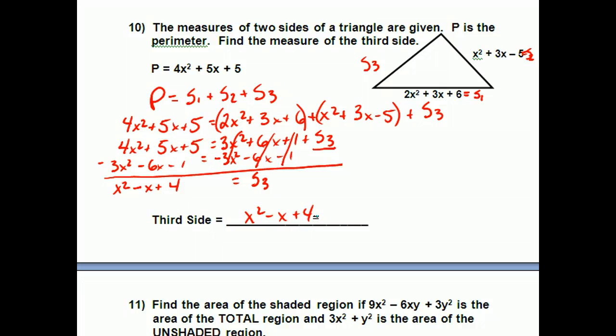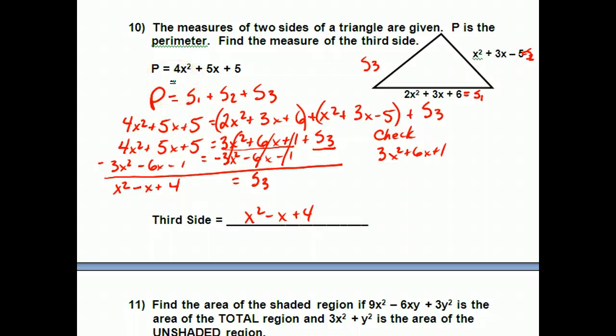And I guess if you wanted to, you could go ahead and check. We know that these two pieces were equal to, let's put check up here, 3x squared plus 6x plus 1. That was side 1 plus side 2. So if I add that to my third side, I should end up with my perimeter.